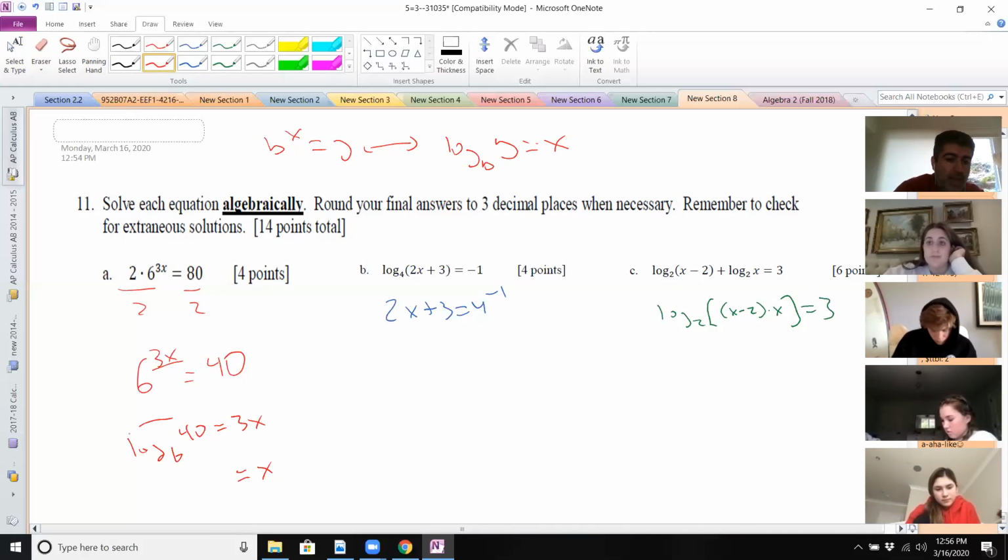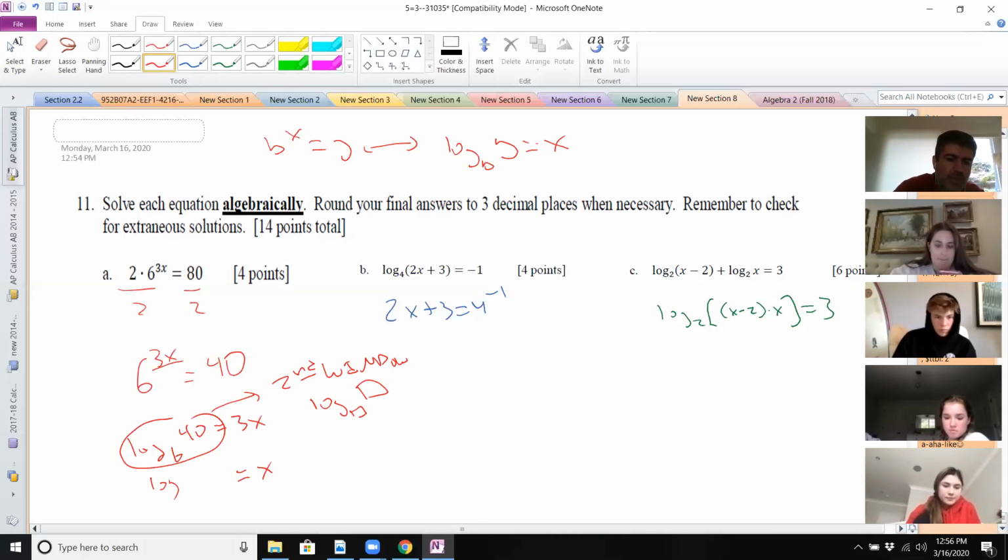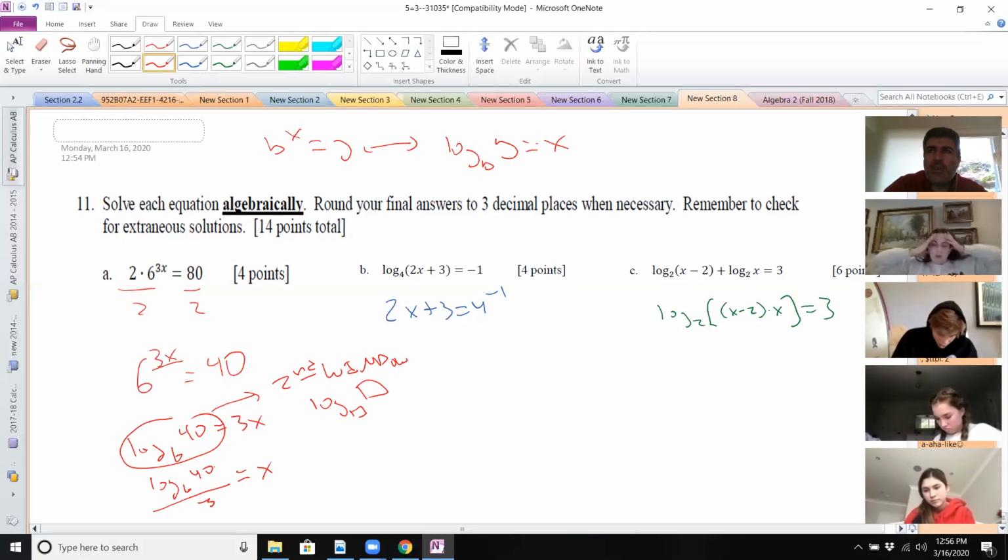Do you guys remember how to do this in the calculator? We're okay with that? Second, window. You'll see something that kind of looks like this. Actually, if someone has their calculator with them, that's the other thing too. You have to make sure you have your calculators with you because I can't give you one.